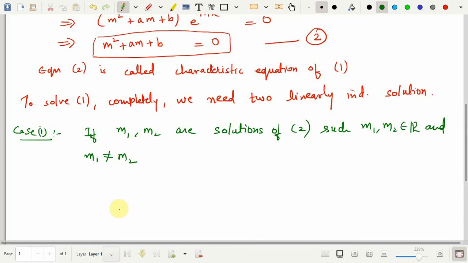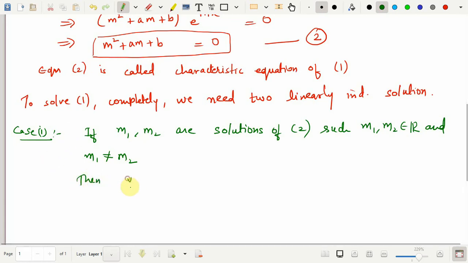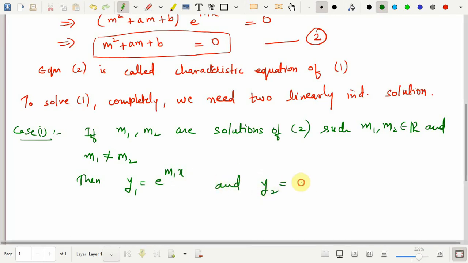Definitely one root of this equation will be m1, the other root will be m2, and so e raised to m1x and e raised to m2x will always be a solution to the given differential equation. So then y1 is equal to e raised to m1x and y2 is equal to e raised to m2x are the solutions of the given equation 1.